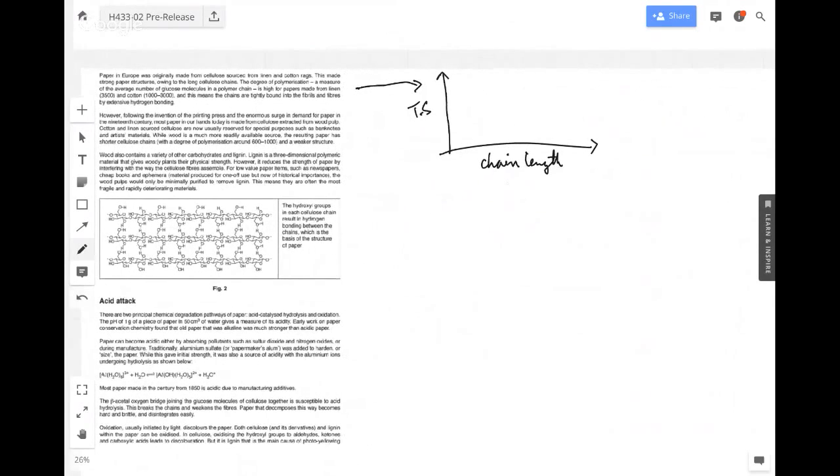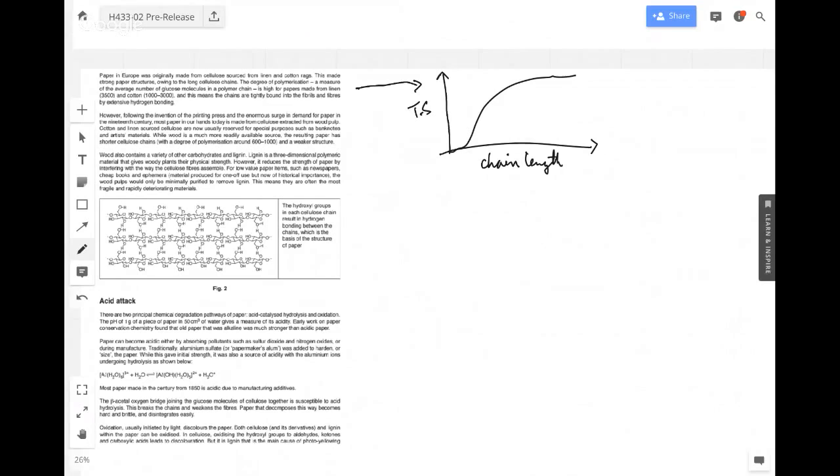I should move a bit. That's better. And what happens with tensile strength? That's the force you can pull, say, a piece of paper or any other polymer or material. When the chain length is very, very small, it has no tensile strength, and what happens is it gradually goes up like that, and after a while it plateaus like that.